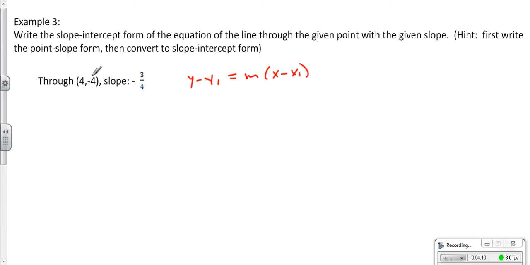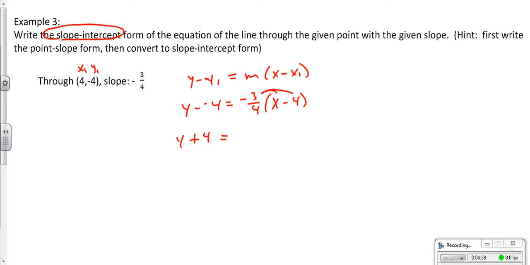They want it in slope-intercept form, so we're going to start with point-slope form because it's much easier to work with. We have x1 and y1 here. So y minus -4 equals -3/4 times x minus x1, which is 4. So again, it's y plus 4 when you subtract a negative.